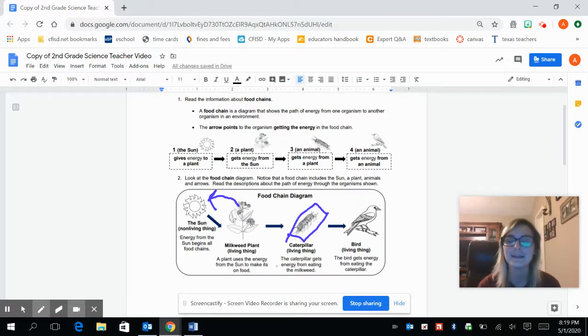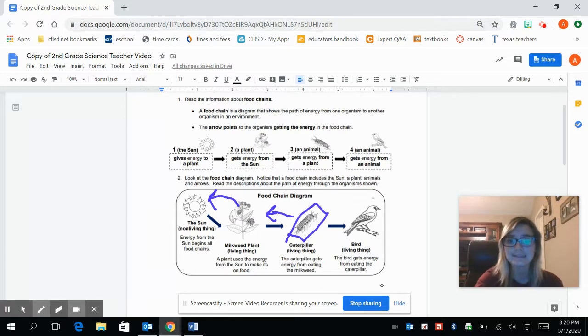So what's he going to eat? Well, the caterpillar, they eat plants. So the caterpillar is going to eat that milkweed. He's going to eat it all up. Okay? And he's going to get his energy from eating that milkweed. Just like you get energy from eating cereal for breakfast or chicken nuggets for lunch or maybe a peanut butter and jelly sandwich, you get energy that way. That's what keeps you moving through the school day.